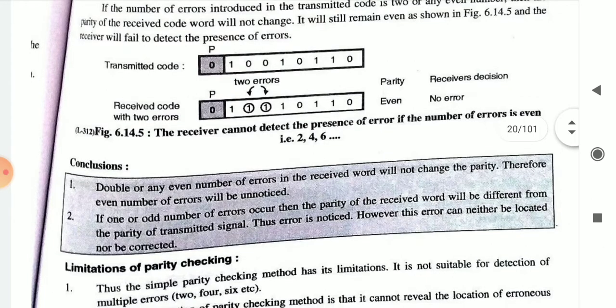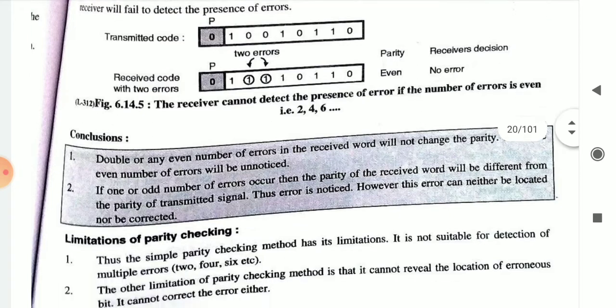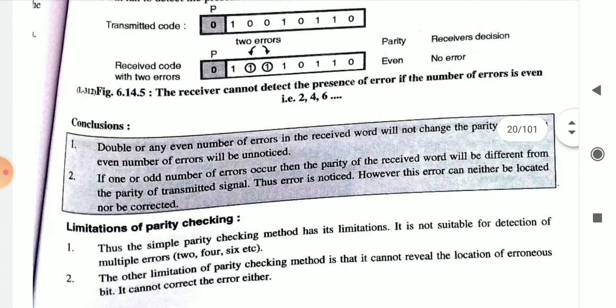Here we get even parity, no error. Okay, if one or an odd number of errors occur, then the parity of the received word will be different from the parity of the transmitted signal. Thus the error is noticed, however this error cannot be located.